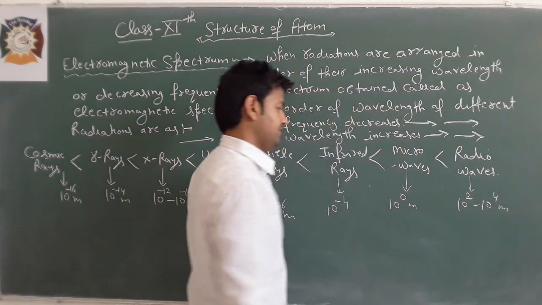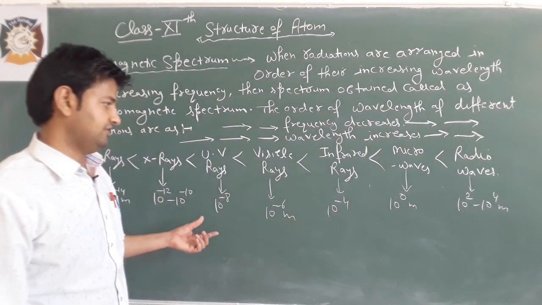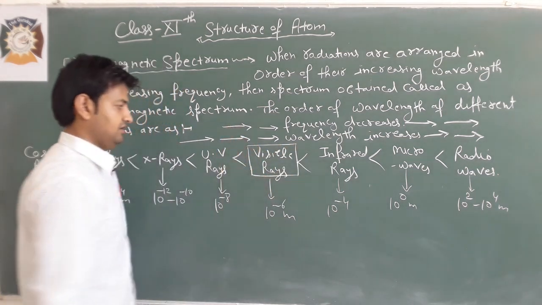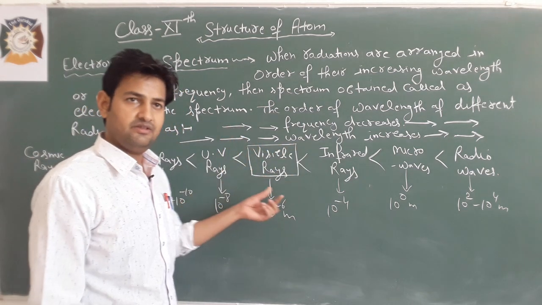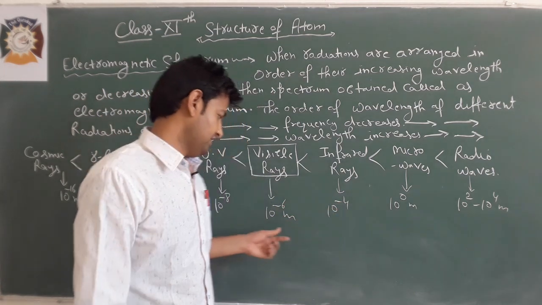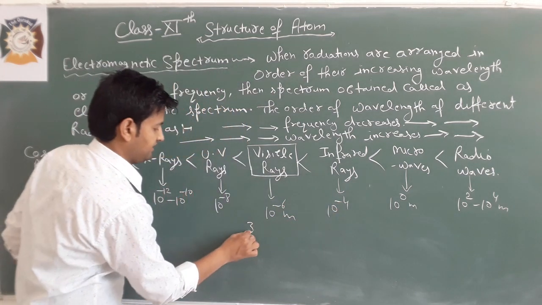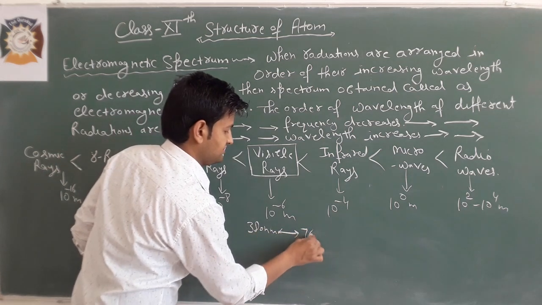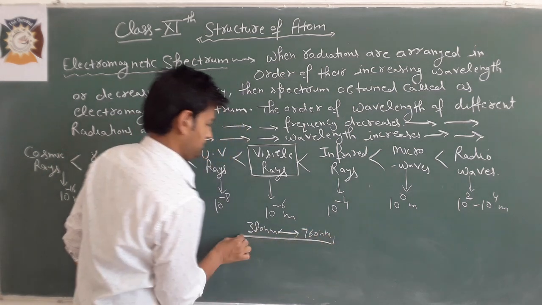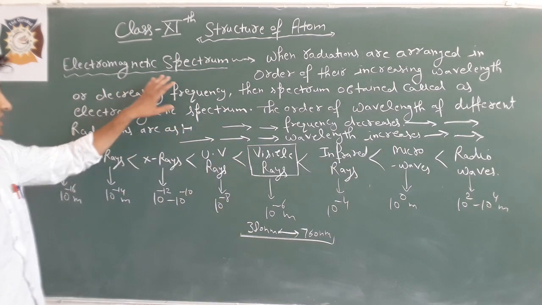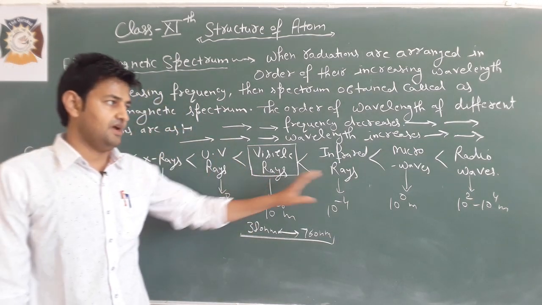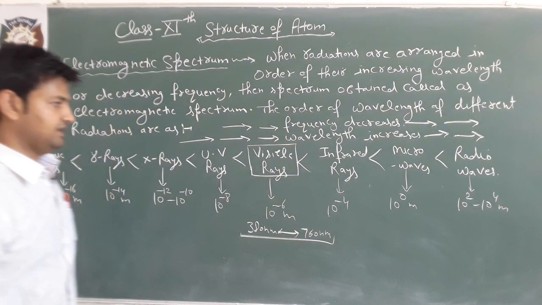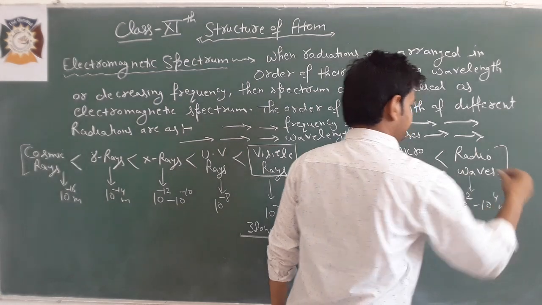This is the approximate range of the wavelength of these. Visible region has different wavelengths, VIBGYOR, from 380 nanometer to 760 nanometers. This is about the electromagnetic spectrum and different radiations in increasing order of their wavelength.